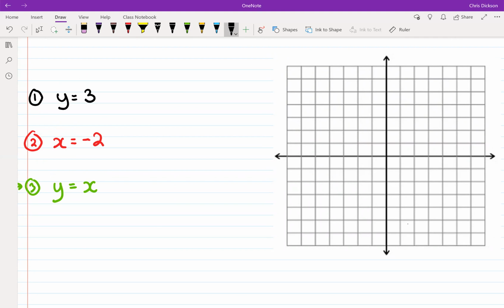Okay, so for the first one, it says y equals 3. So notice the form y equals mx plus b. If you think about slope-intercept form, there is no x term, which would mean the m value for this question would have to be 0, because the x has vanished on us here.